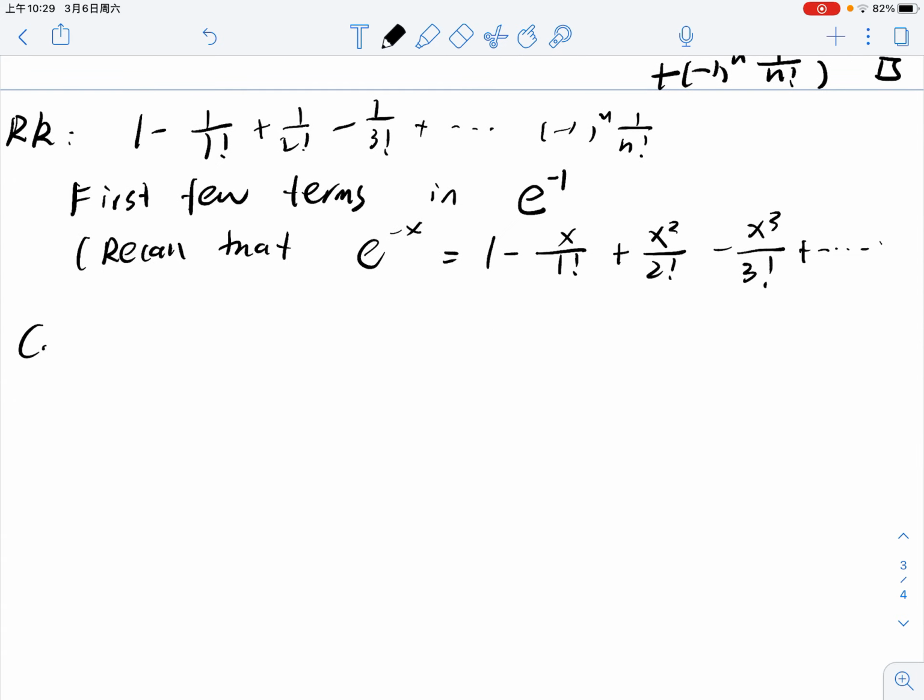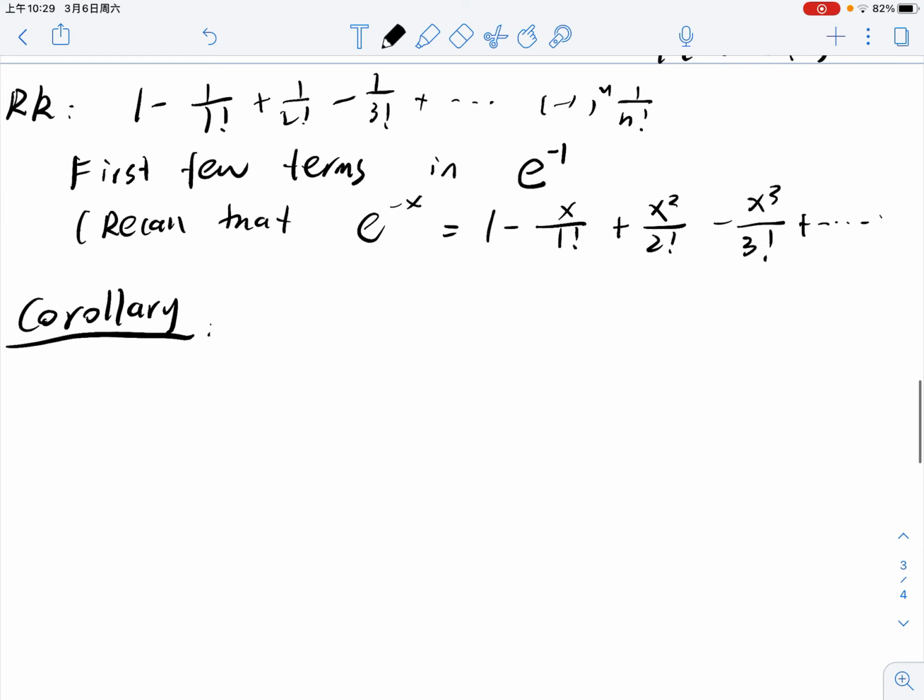Okay, therefore, we have the following corollary.